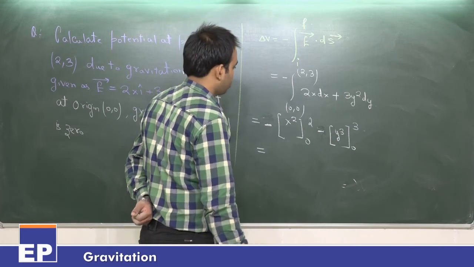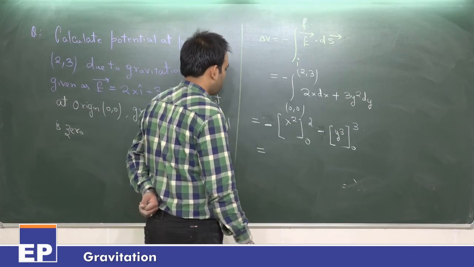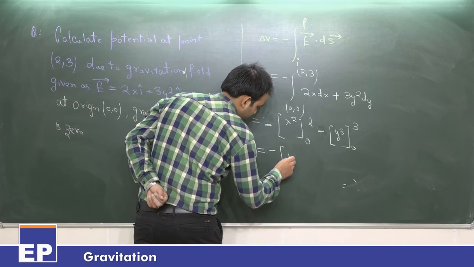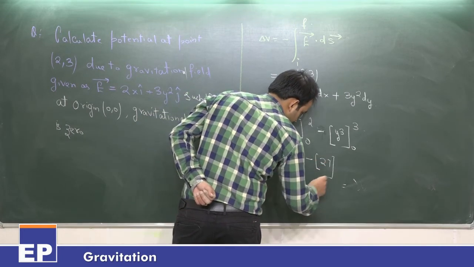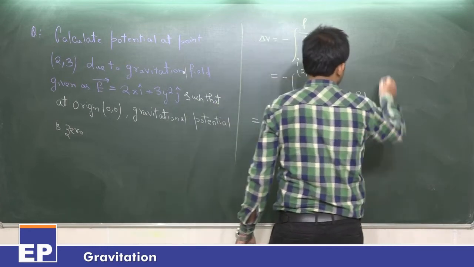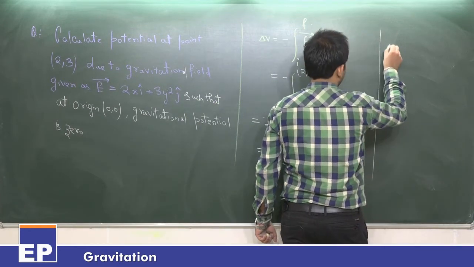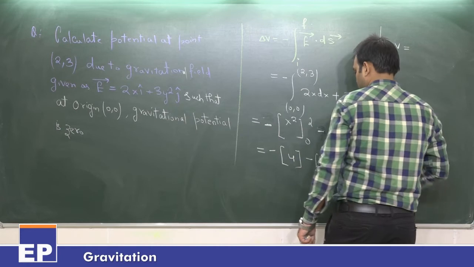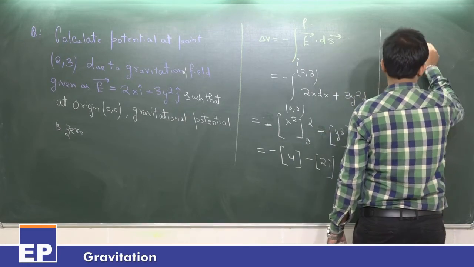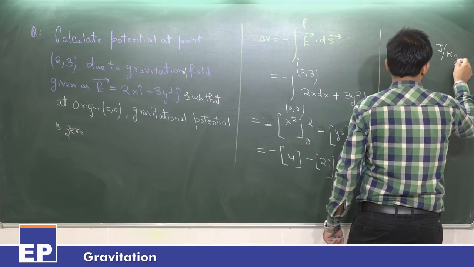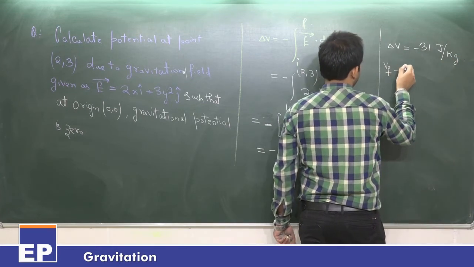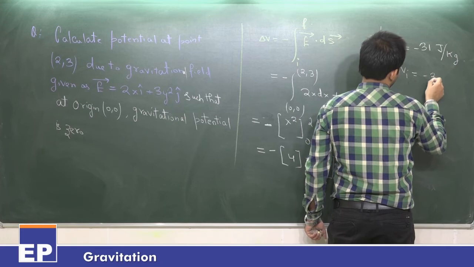That will become minus of x square, 2 put, so minus x square is 4. That is change in potential. So delta V will become minus of 31 joule per kg. This is what? V final minus V initial is minus 31.